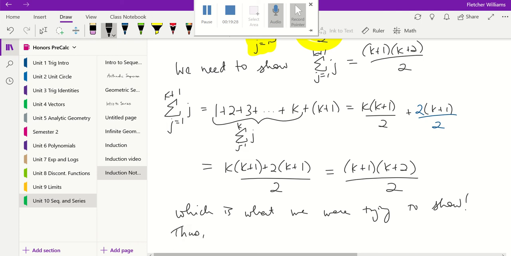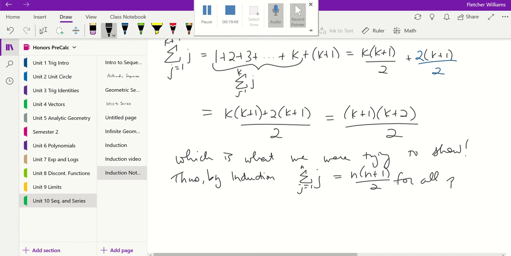So thus, by induction, the sum from j equals 1 to n of j does in fact equal n times n plus 1 over 2 for all positive integers n, Q.E.D., just like that. So now it's true. It was true, but now you know it's true. Hopefully.